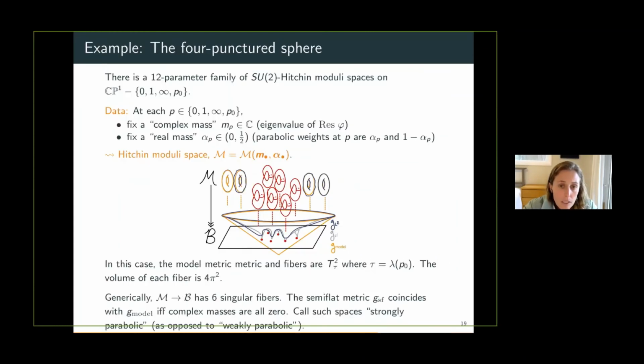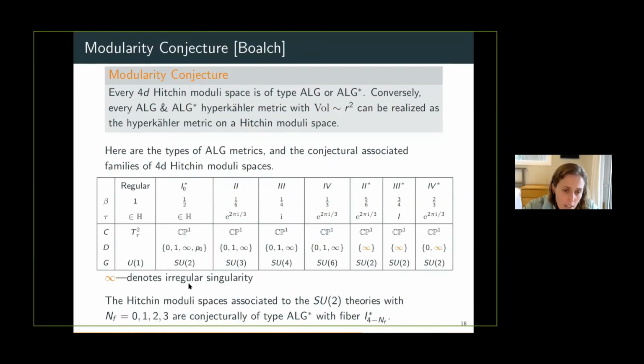And so what I want to specialize to is the case of the I0 star ones, because this is somehow the easiest. Unfortunately, I already described this one at the beginning, what all the Hitchin moduli spaces are. There's a single one. But for this one, we have a 12 parameter family of ALG spaces and a 12 parameter family of Hitchin moduli spaces.